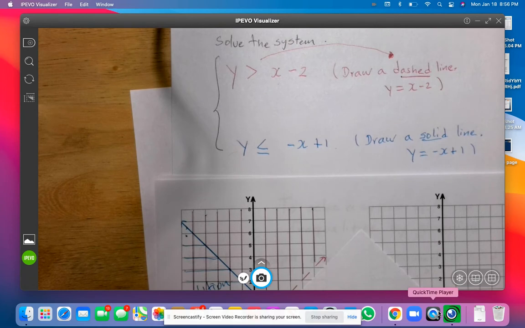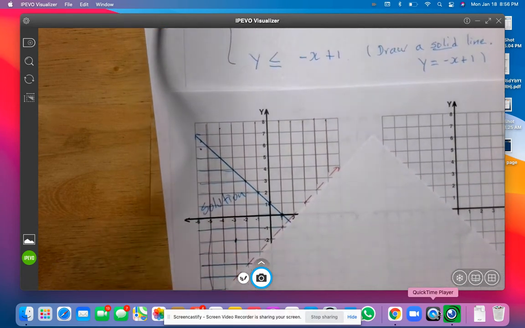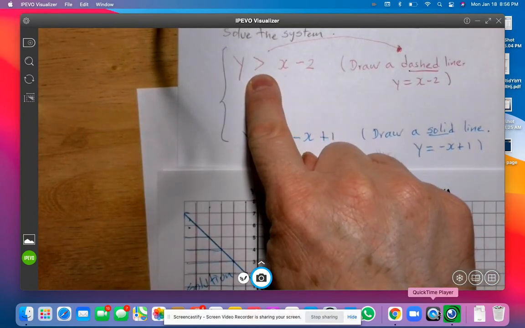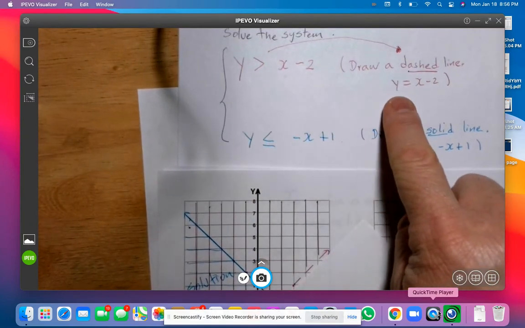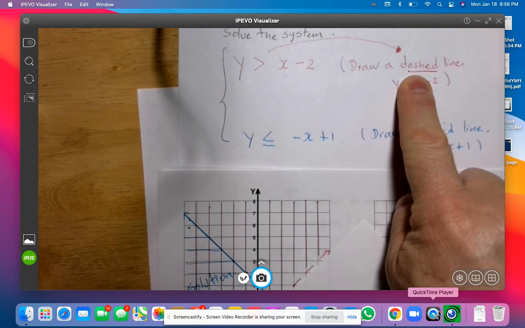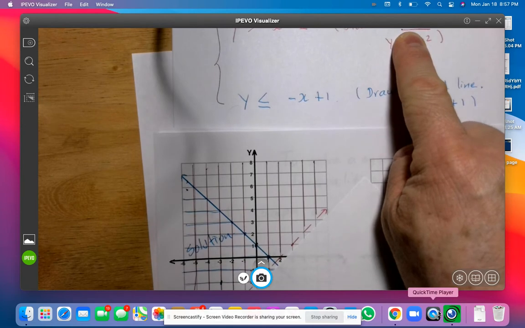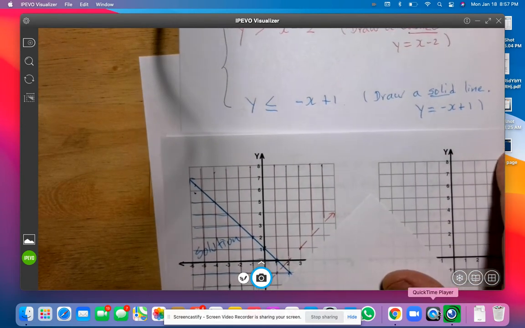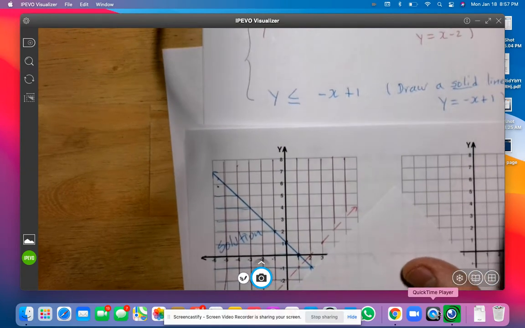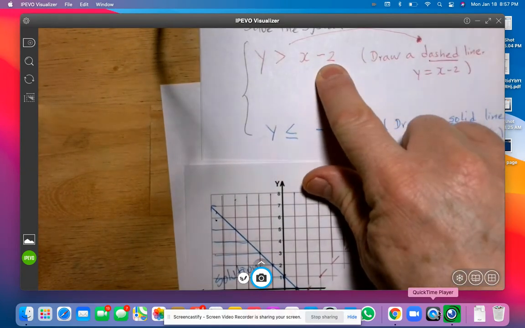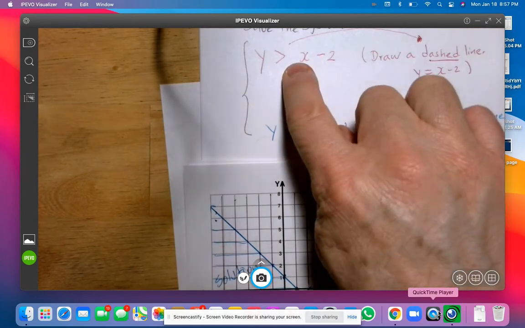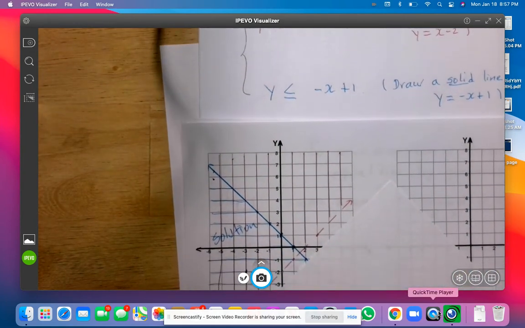So you will see that right here I already did the first one. First of all, it's important to notice that because this is greater than, I'm gonna have to graph a dashed line, so that I decided beforehand, before starting to draw the line. And here is the line. The y-intercept is -2 and the slope is 1, because x times 1 equals x.